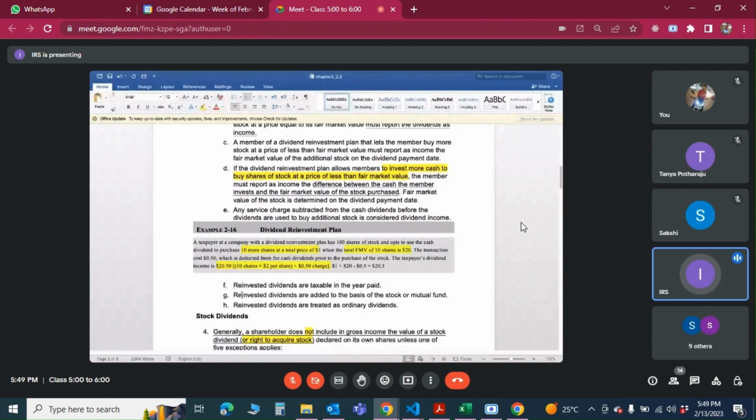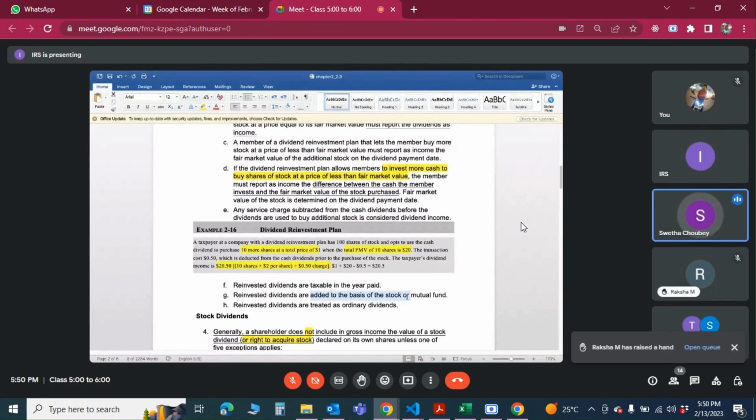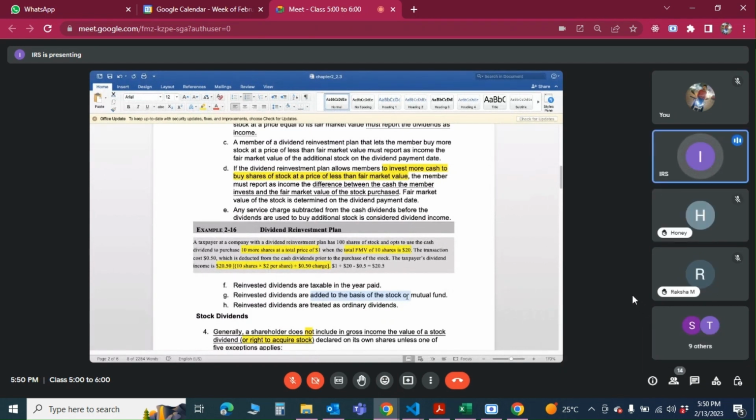Obviously, reinvested dividends are added to the basis of the stock. Why does this have to be added to the basis of the stock? Shweta, can you explain why this has to be added to the basis of the stock? Are you there? Yeah, I'm there, but I'm... Okay, think about it. This is a simple concept. Anyone else want to answer?